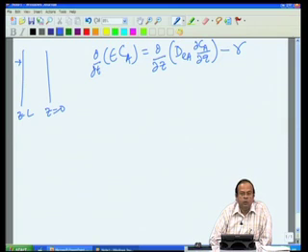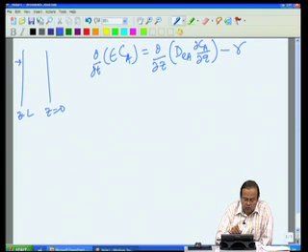We are going to first make an assumption that, as far as this process is concerned, there is a steady state. So, this term goes to 0.